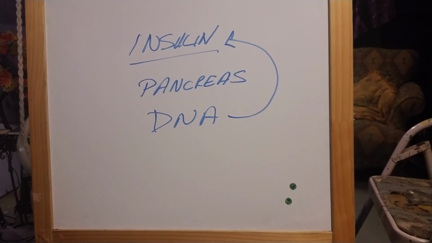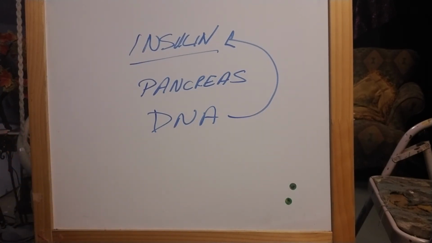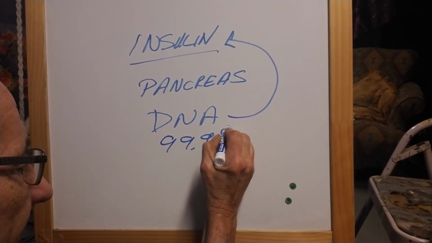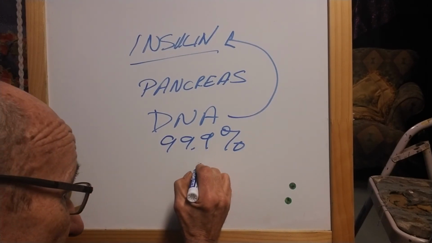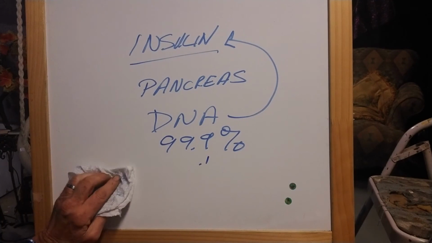Here's a question. The DNA that is you, everyone's DNA, though I think about 99.9% of human DNA is the same between everyone. You, me, your brother, your uncle, your mom, your dad. But it's that difference, that 0.1, that makes us the individuals that we are.